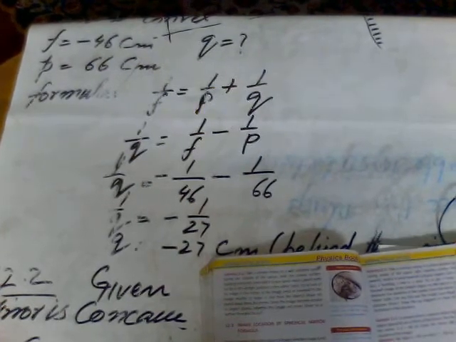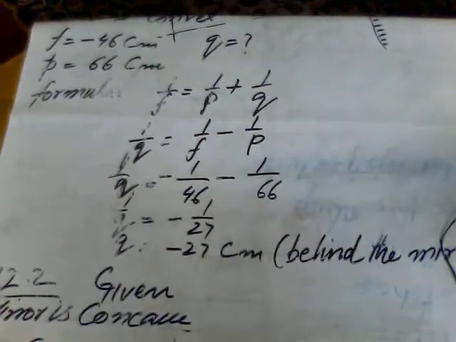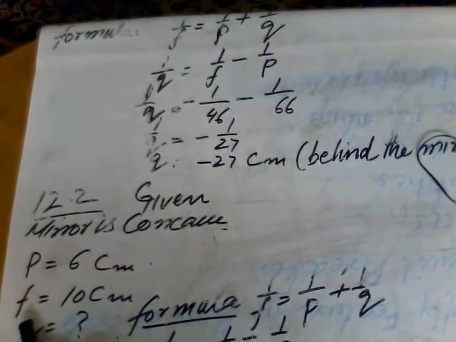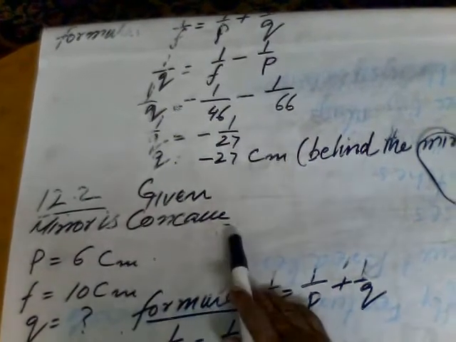In this case, the mirror is concave, and the object is placed at 6 centimeter in front of the concave mirror, whereas the focal length of the mirror is 10 centimeter.